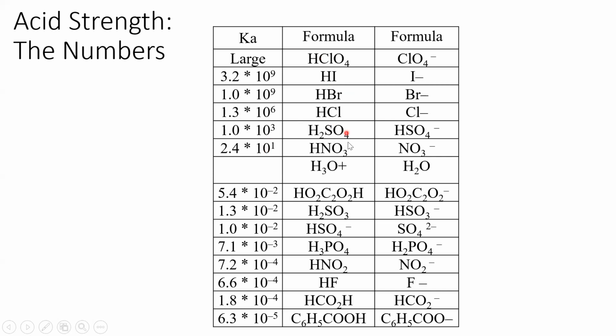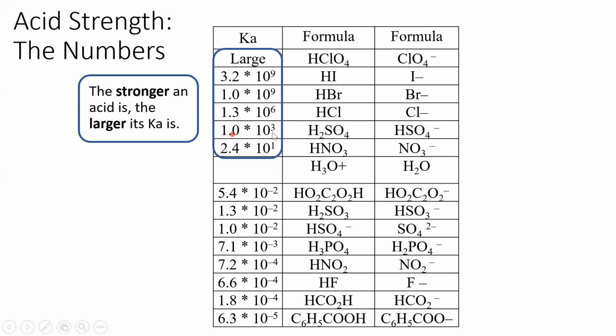They essentially 100% dissociate in water. If we were to look at these down here, these are all weak acids. Weak acids have small Ka values, and the smaller the Ka value, the weaker the acid.